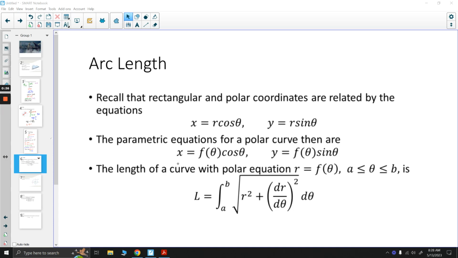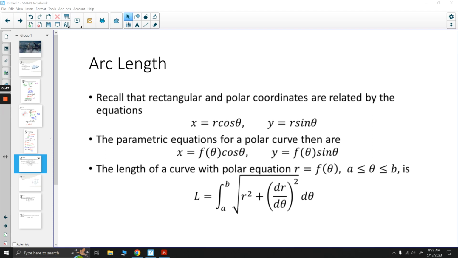So essentially we can write x in terms of theta only, which is parametric, and y in terms of theta only. So we're going to use some concepts of parametric with some concepts of our polar, but essentially the reason we need it in terms of parametric is just to derive this formula. So suffice to say, it's derived that way.